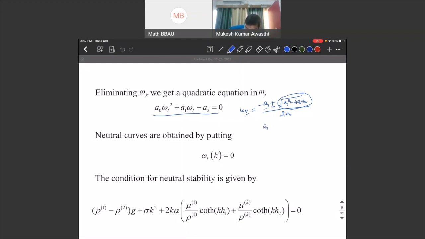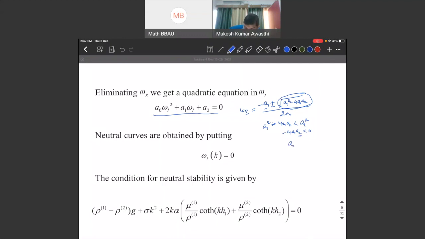So the instability occurs if a1 square minus 4 a naught a2 should be greater than a1 square, means minus 4 a naught a2 should be greater than 0. If a2 is positive, then stability occurs, otherwise the system will be unstable.